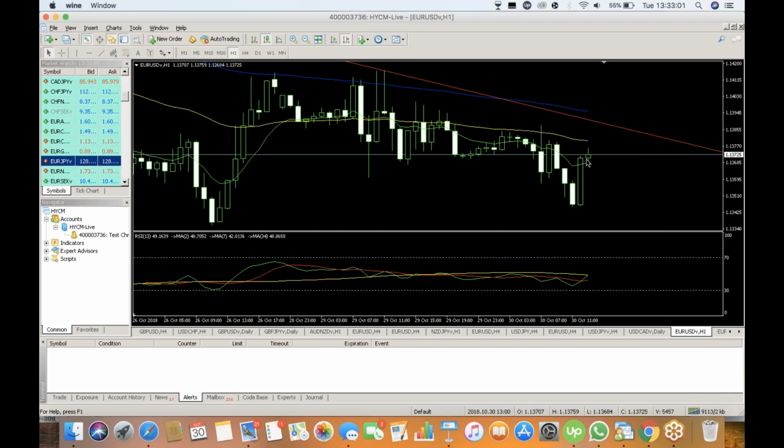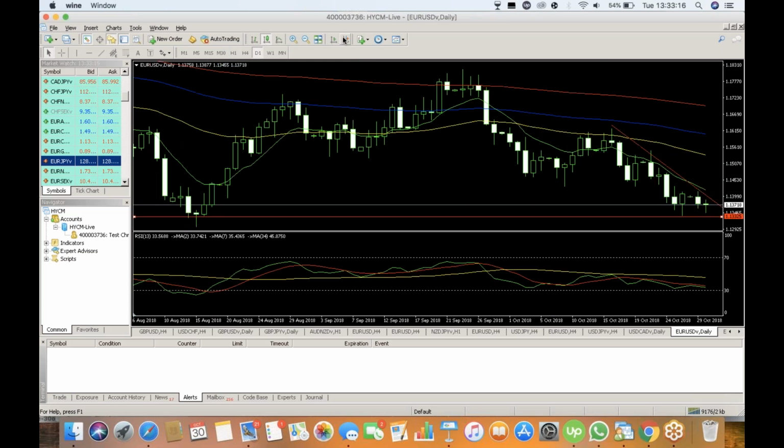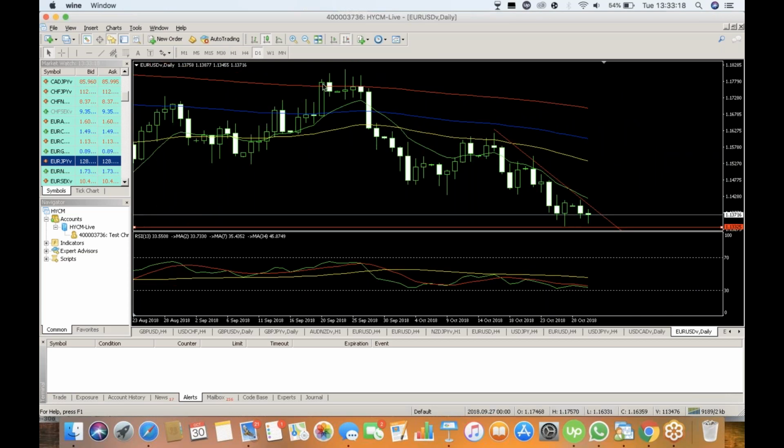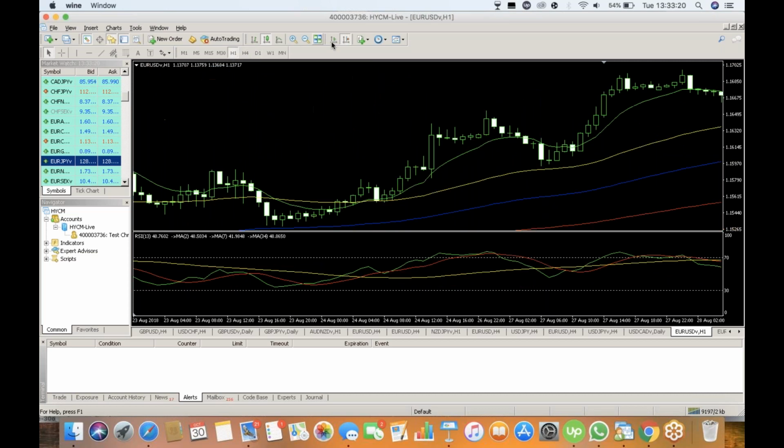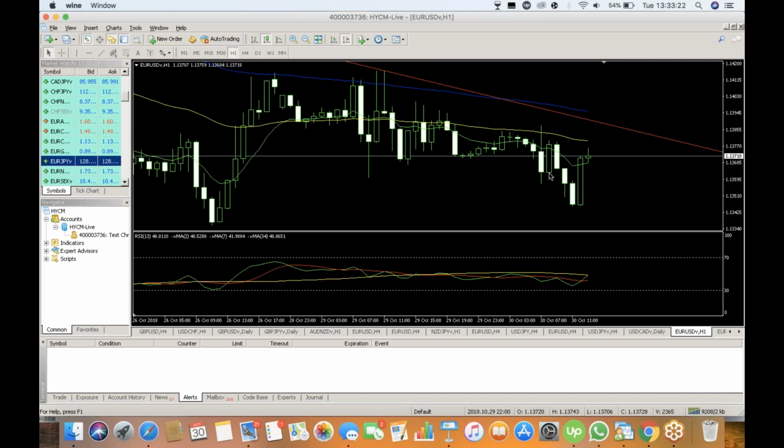We've had some good German CPI data come out, but the Eurozone data as a whole is still bearish. The US dollar is pretty strong, so I'm anticipating that US dollar strength and euro weakness pattern to carry on. There's nothing in my mind that really massively alters that scenario.